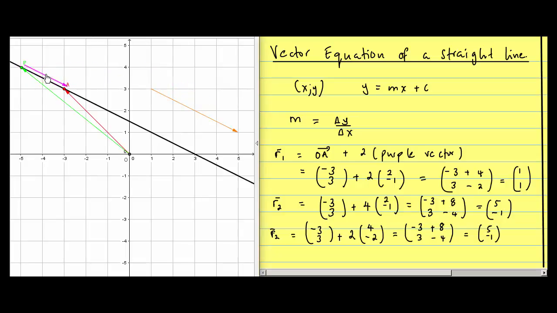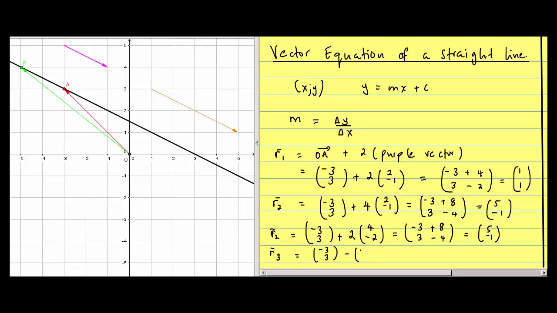Alright, but you have to take into account now that we are going in the opposite direction of the original vector. So what we will need to do is minus this vector from O to A. So the new position of point P, I'm going to call it R3. So if that is R3, then that from O to A is going to be equal to -3, 3 minus my parallel vector, minus because I'm opposing the direction of the original vector, and it's 2, -1.